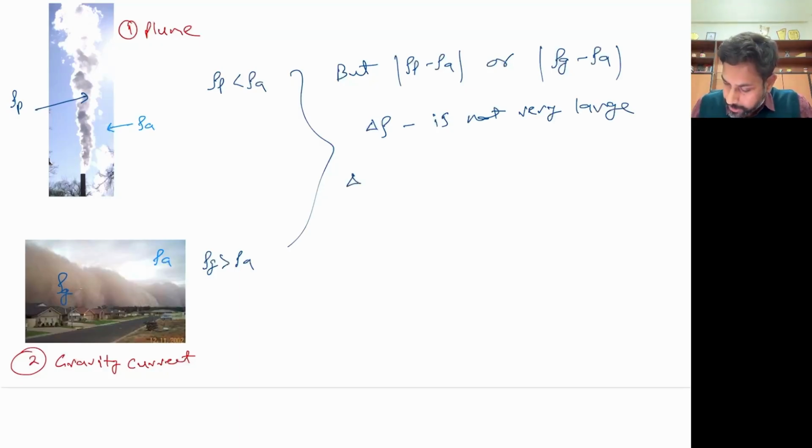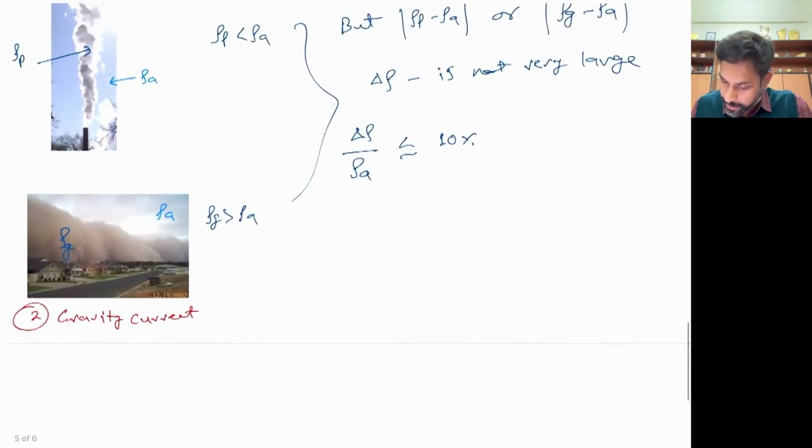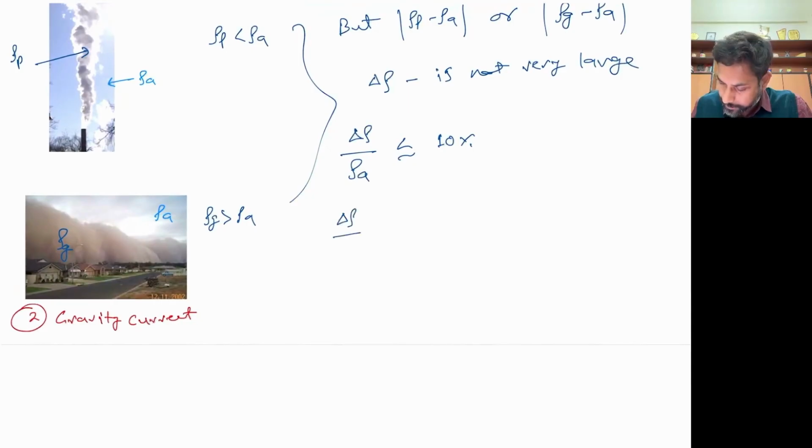And if you divide this delta rho by the reference density, that is, let's say rho a, that is the ambient density, then you can assume that to be in range of, let's say, smaller or equivalent to 10%. Okay, or how do you calculate the percent? Basically, delta rho over rho a times 100 is smaller or equivalent to 10%.